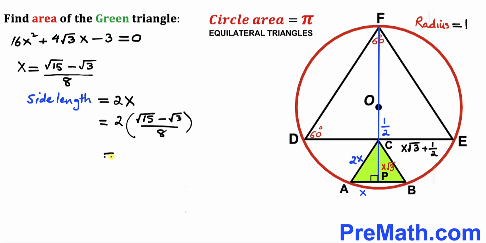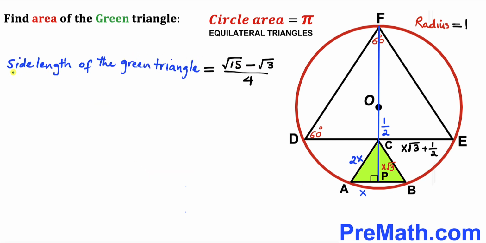If we reduce this, 2 and 8 give us 4 at the denominator. So the side length of this green triangle turns out to be square root of 15 minus square root of 3 divided by 4.